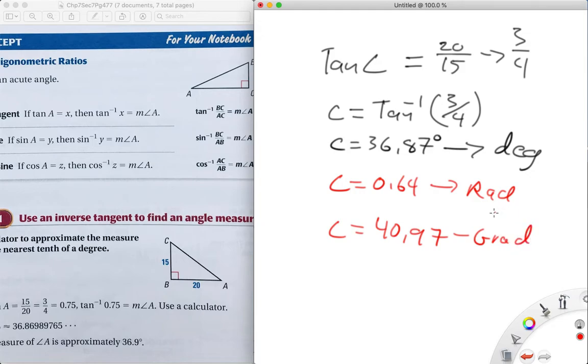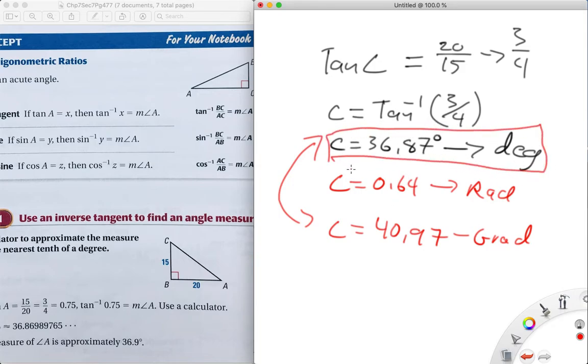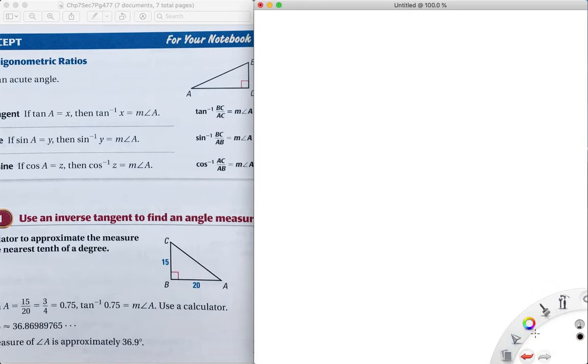So make sure that your calculator is set in degrees because you will get wildly different answers. The degrees and gradients are a little similar, but they're still, as you clearly see, widely off. So please make sure your calculator is set to degrees. Like, for real.